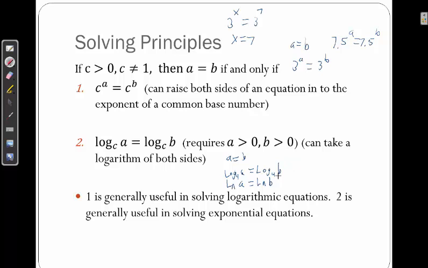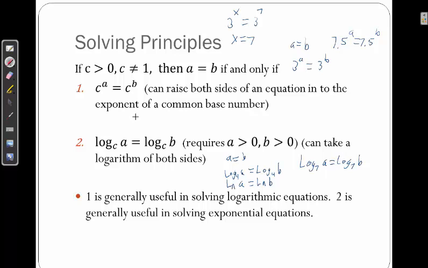Or a log base 10, or a log base 3, or a log base 7. Point is, this is a new operation we can do to both sides of the equation, just like this is. You can put both sides into the exponent of any base you choose, as long as it's the same one on both sides. You can also take a logarithm of both sides. And like I say here, 1 we're generally going to use when we're solving logarithmic equations. 2 we're generally going to use when we're solving exponentials. And that's really all the theory we're going to be using for this section.